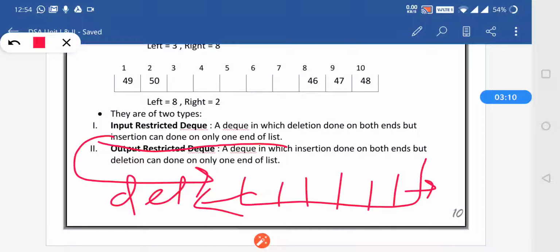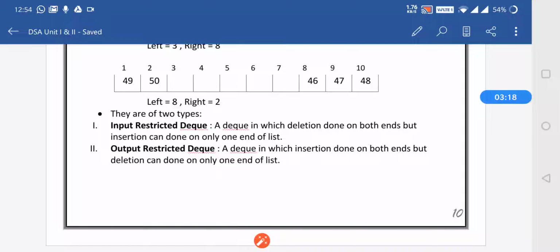From both the ends, we can delete the element, but insertion can be done on only one end of the list. It cannot be from both ends. That is input restricted DQ. And in output restricted DQ, the insertion can be done from both ends, but deletion can be done from only one end of the list.